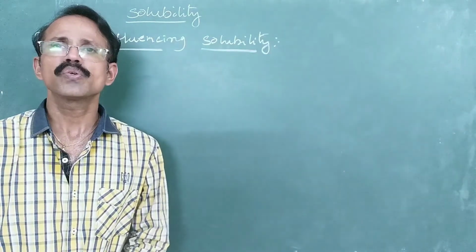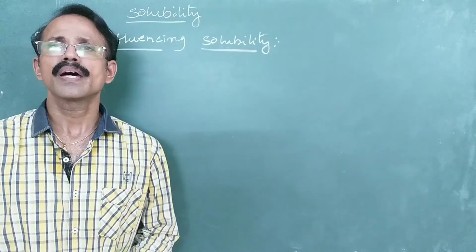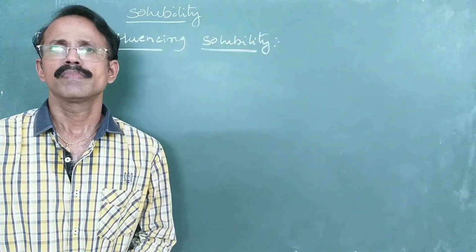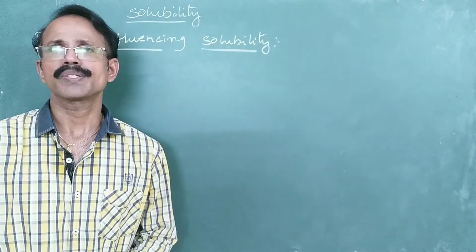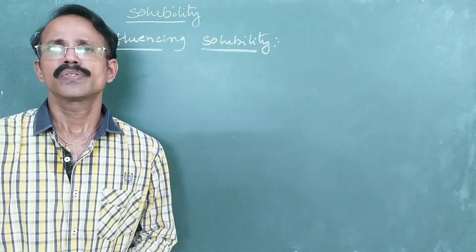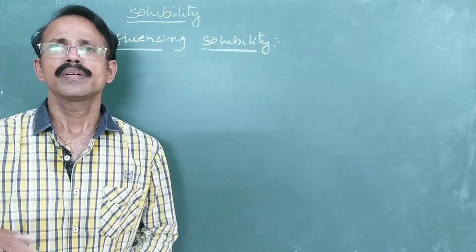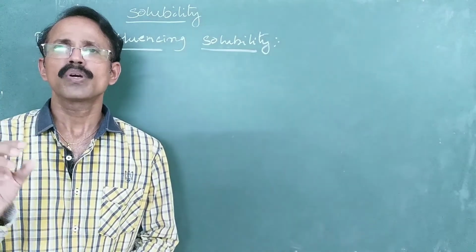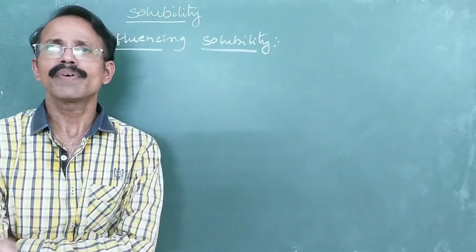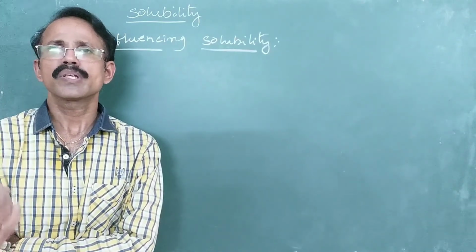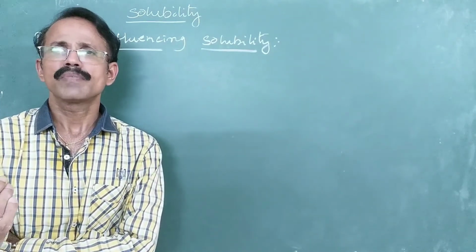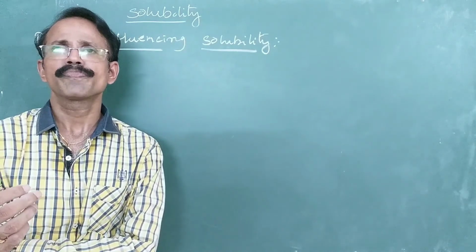Solubility is also dependent on other factors, like stirring and formation of complex, right? If you put a solid in a liquid for a long time, the process of dissolution is usually very slow.